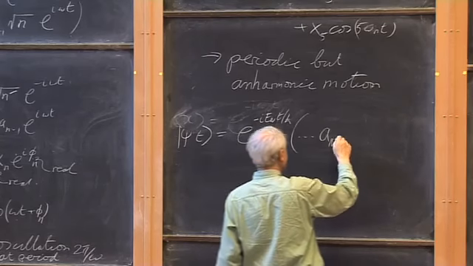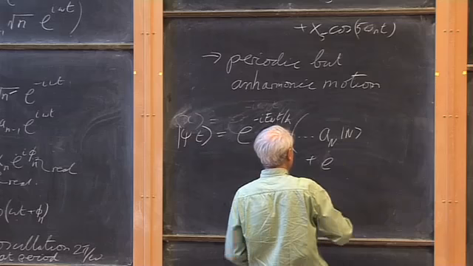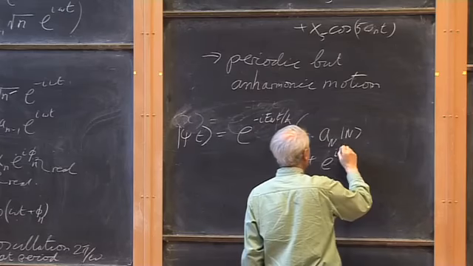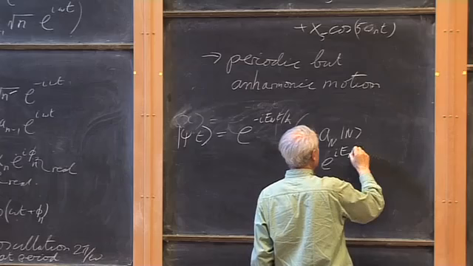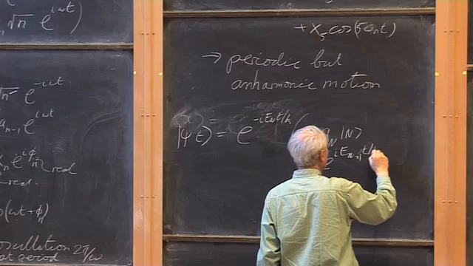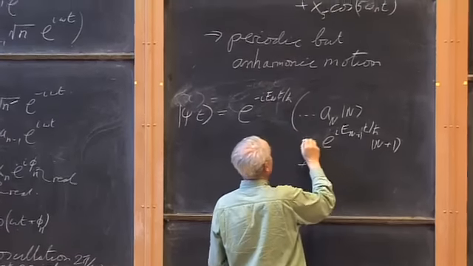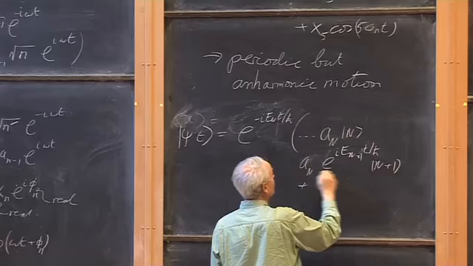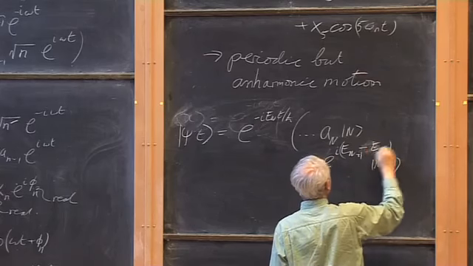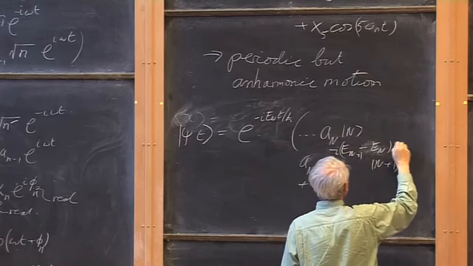And we can say that this is a_n plus a_(n+1) e to the i (E_n minus E_(n+1)) t on h bar, and so on. Sorry, I need a minus sign there, and a t on h bar there.